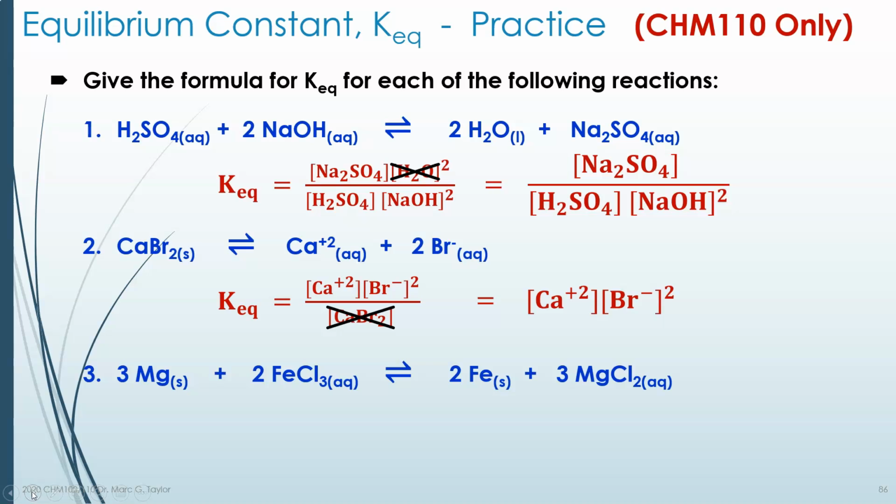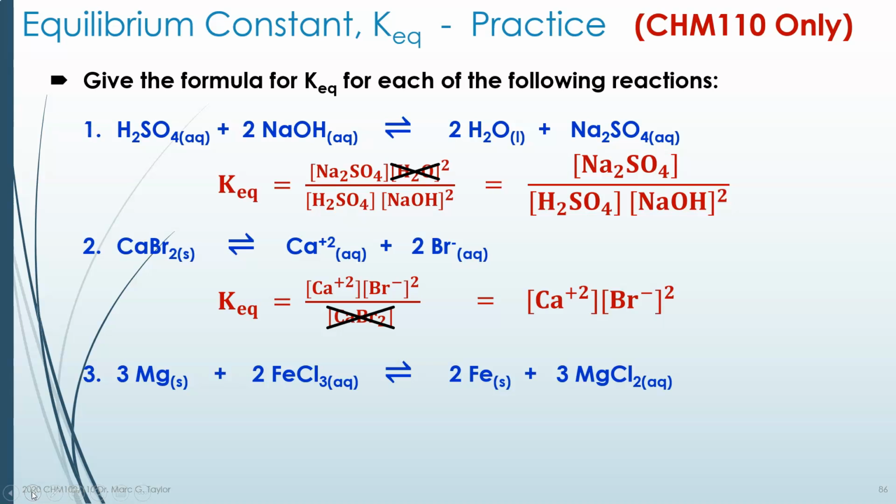If we crossed out the calcium bromide on the top, we would have to put a 1 there, so it would be 1 divided by these two concentrations. But we don't need to do that in this case. And there are actually some reactions where every reactant is either a pure solid or a pure liquid, and they all cancel out. And you end up with an equilibrium constant of just equal to 1 because everything has canceled. They're rare, but they do happen.